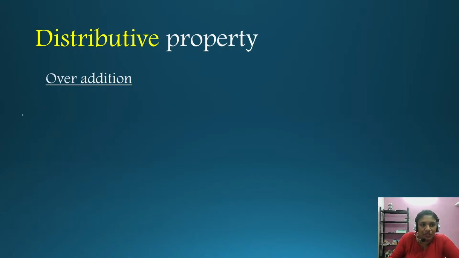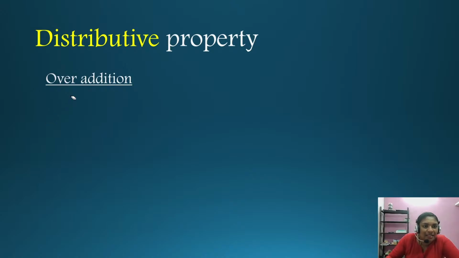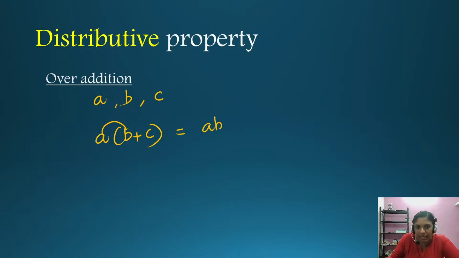Distributive property over addition is, if there are three rational numbers, say A, B, and C, then A into B plus C can be written as A into B plus A into C. This is actually distributive property of rational numbers over addition.